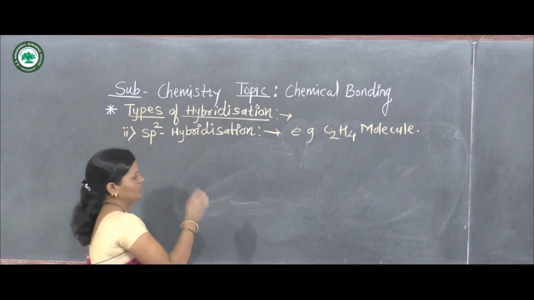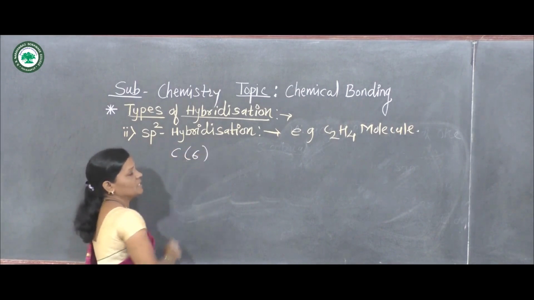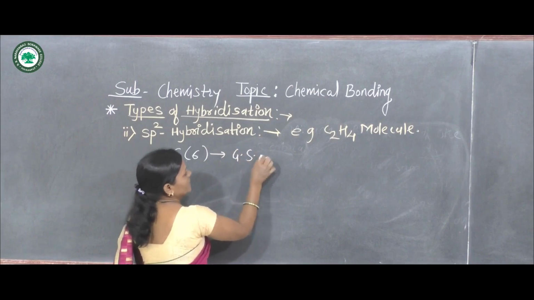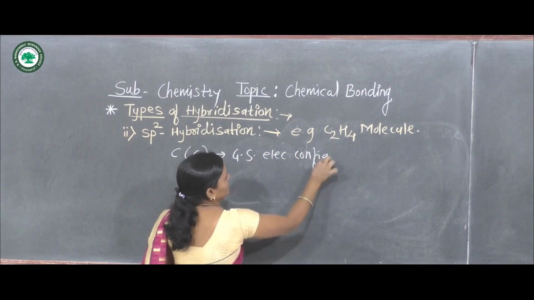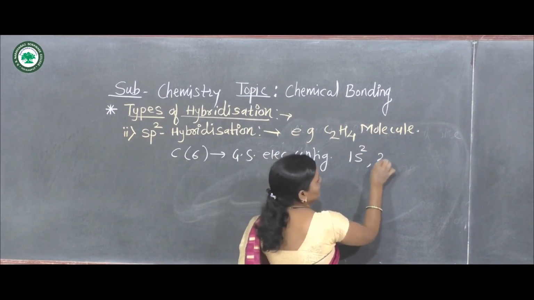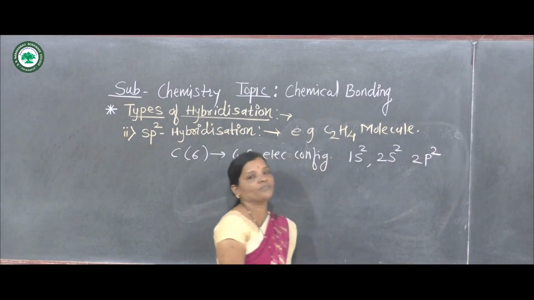Now here for carbon atom, atomic number of carbon is 6. Its ground state electronic configuration is given by 1s2, 2s2, 2p2.